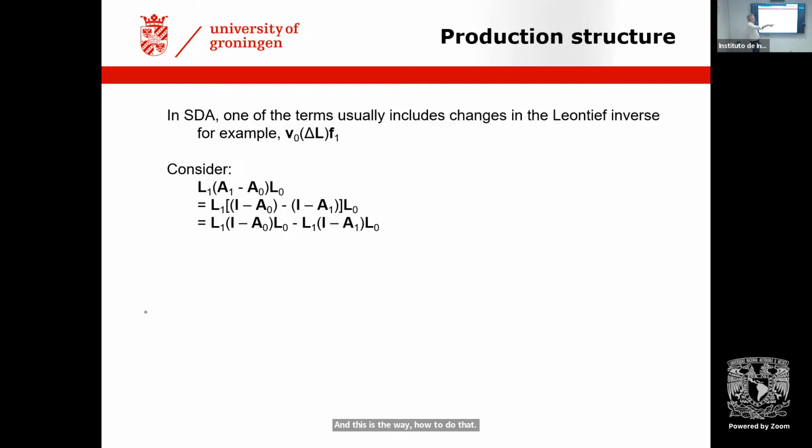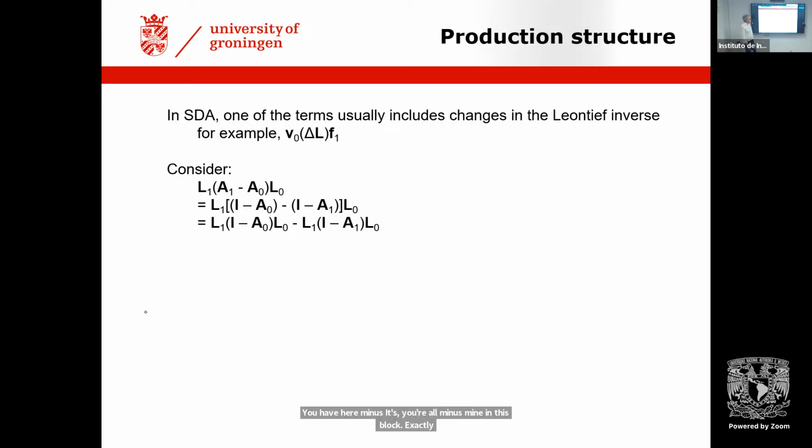So simply consider the expression L1 times A1 minus A0 post-multiplied by L0. And again, add some zeros: write A1 minus A0 as I minus A0 minus I minus A1. The I's fall out, and you have minus A0 plus A1, so that's exactly the same.